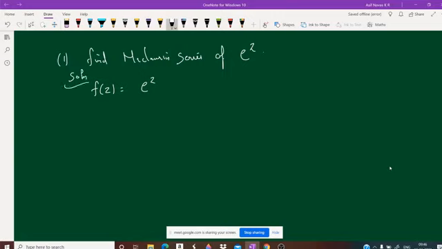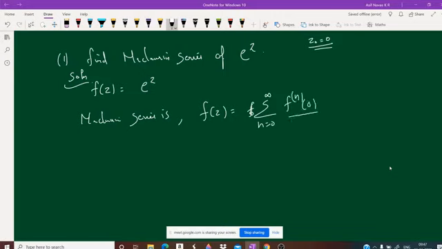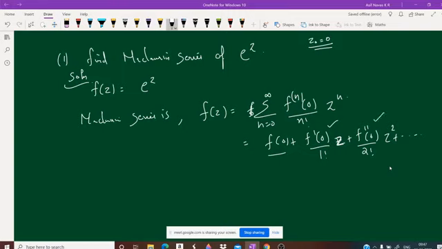Solution: now we know that the Maclaurin series is f of z equal to sigma n equal to 0 to infinity f nth derivative at 0 by n factorial z power n, which is equal to f of 0 plus f dash of 0 by 1 factorial z plus f double dash of 0 by 2 factorial z square plus etc. Now we have unknowns f of 0, f dash of 0, f double dash of 0, etc.